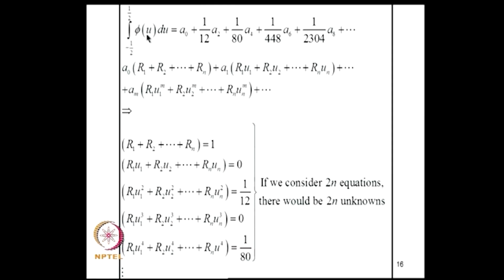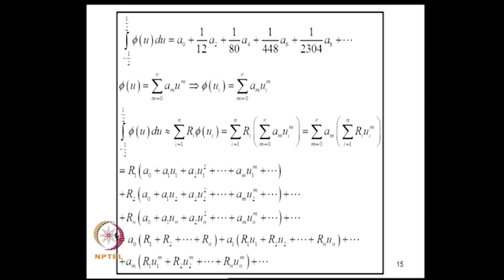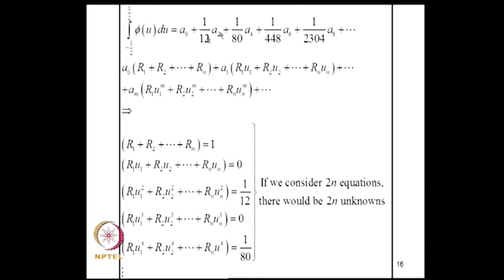Now, this right hand side I know what it is, and the left hand side I have, I am rearranging the terms now. The coefficients of a naught are collected, that is R1 plus R2 plus Rn, A1 is this, Am is this, and this continues. Now, I will compare the coefficients of a naught, a1, a2, a3 on both sides, and I will get a set of equations.